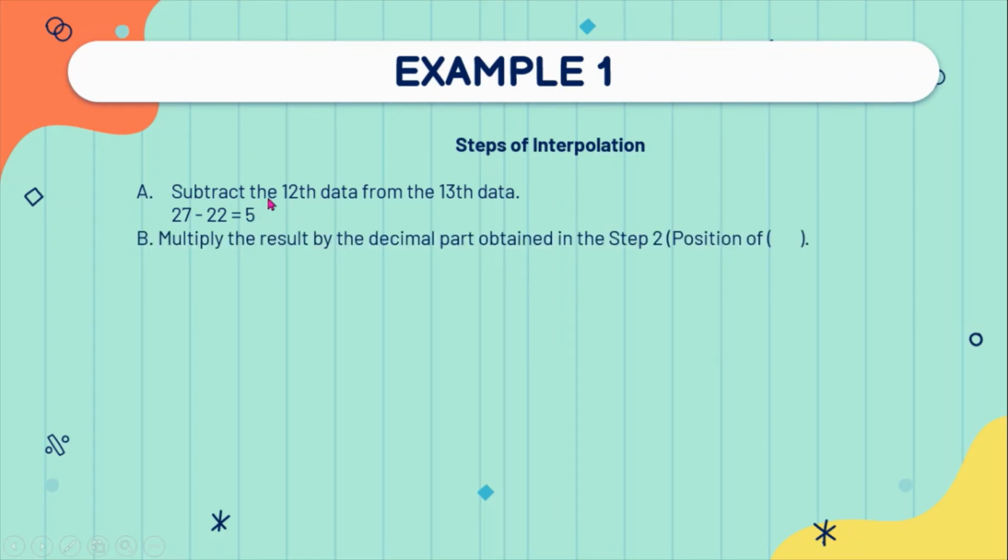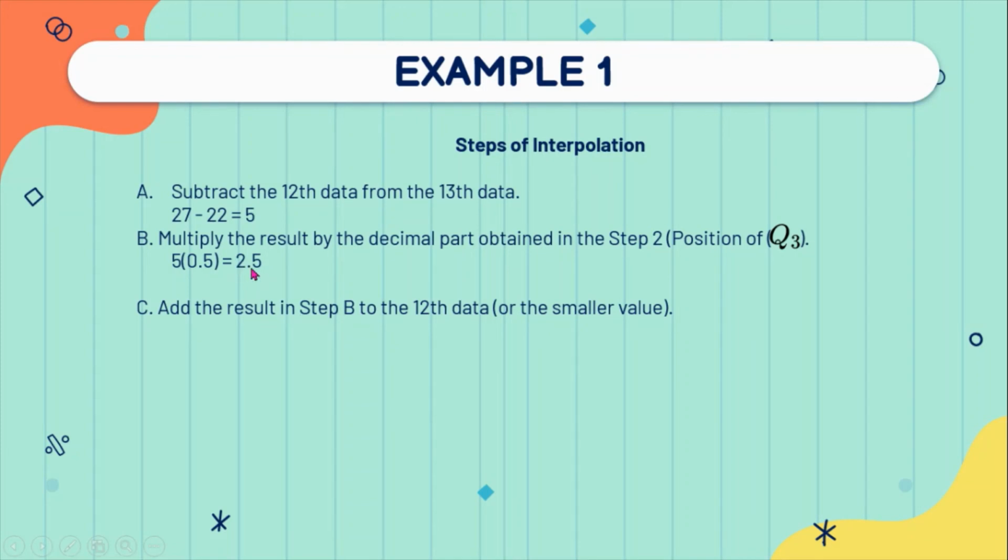We need to multiply this result 5 by the decimal part of 12.5, the result we obtained in step 2, or the position of Q sub 3. Here, 5 times the decimal part of 12.5, that is 0.5, is 2.5. So 5 times 0.5 is equal to 2.5. Add the result in step B, 2.5, to the 12th data or the smaller value, that is 22. So 22 plus 2.5 is 24.5.